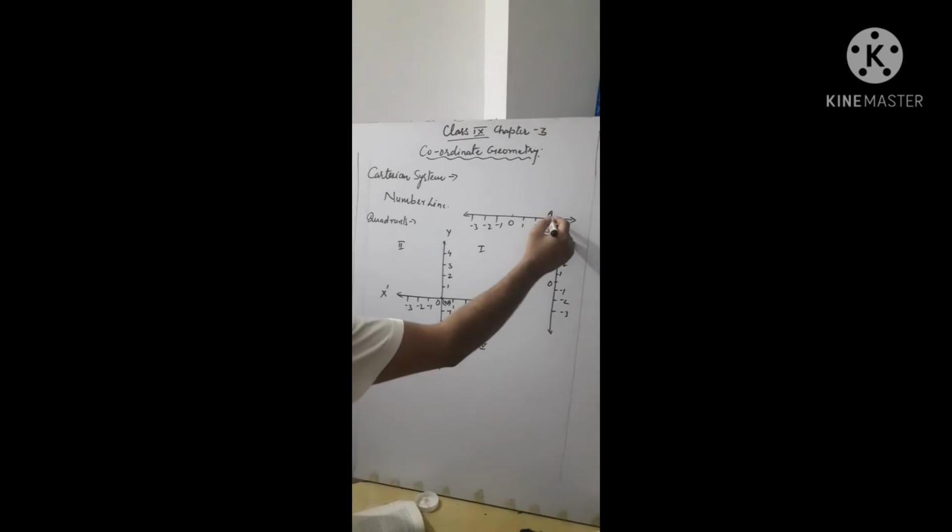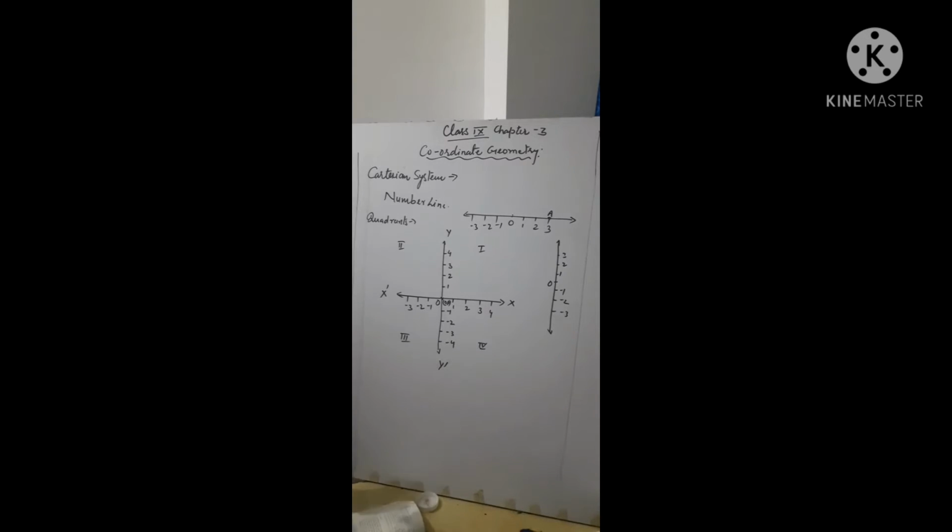Here this is only one point, but in this system we take any point as a pair. The first number represents the place value on the x and x dash axis, means the horizontal line, and the second number represents the place value of the point on the vertical line.